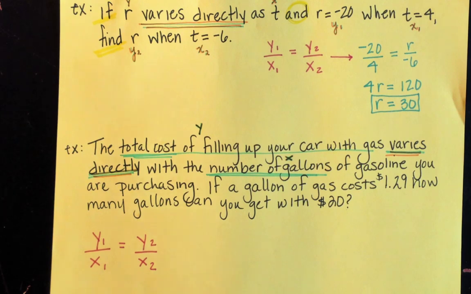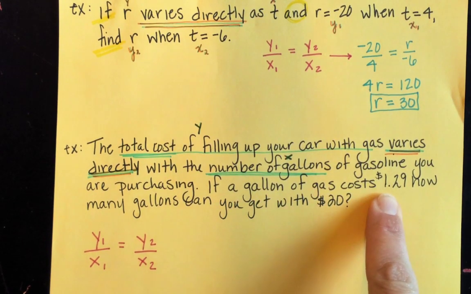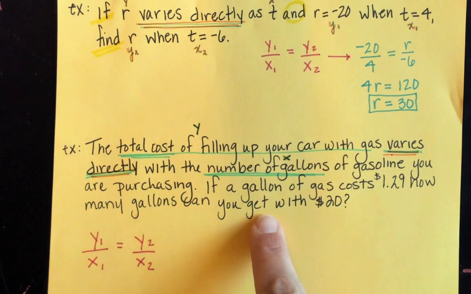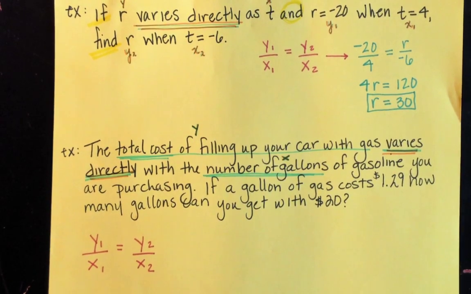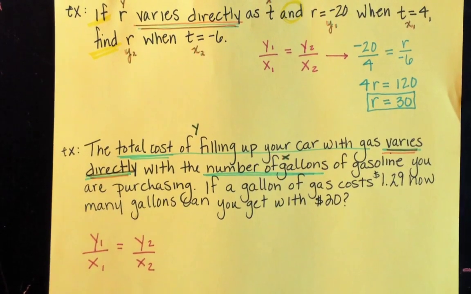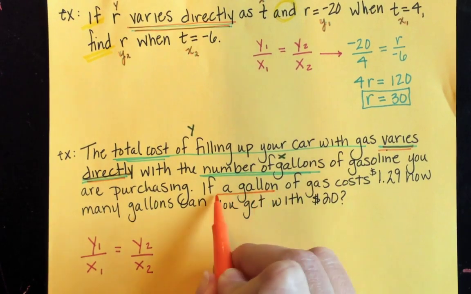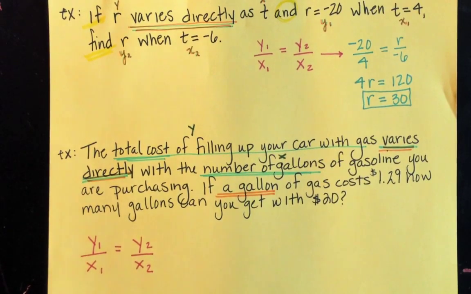It does say a gallon of gas costs that much. How many gallons can you get with this? So here's the trick. It doesn't look like we have enough numbers. I'm hoping that you guys were faster than I was. A gallon is actually the number 1.